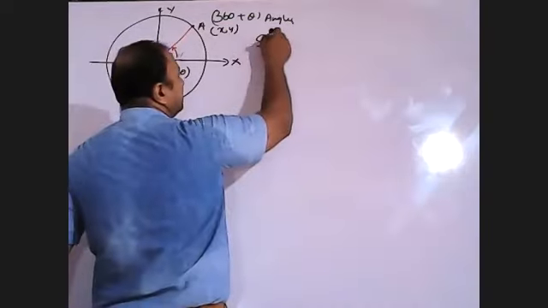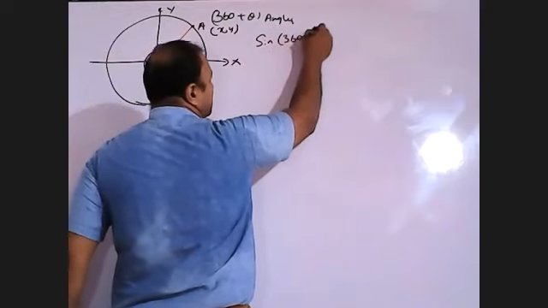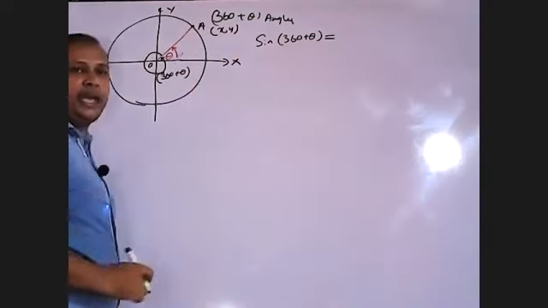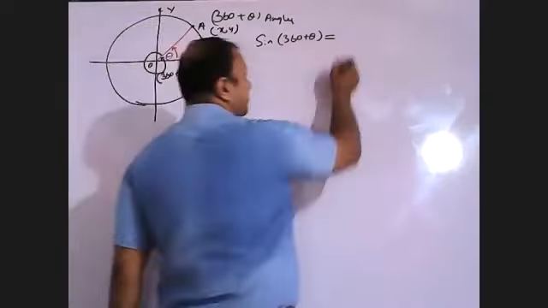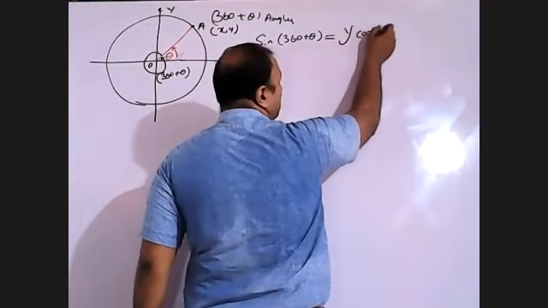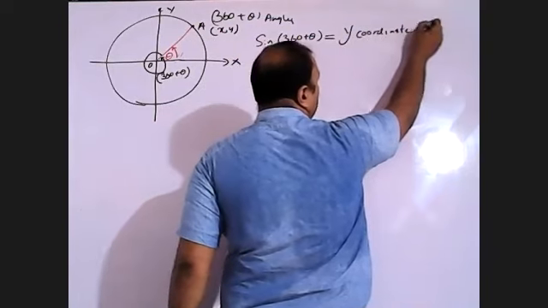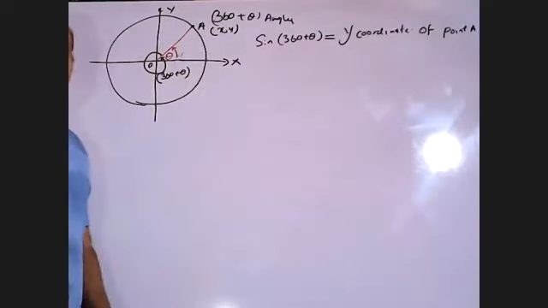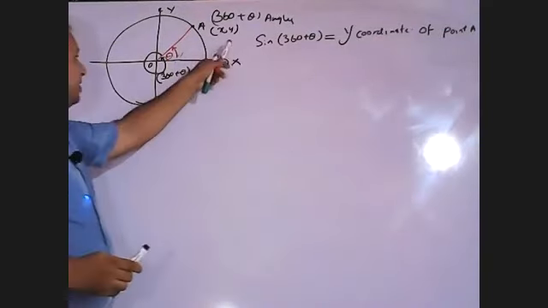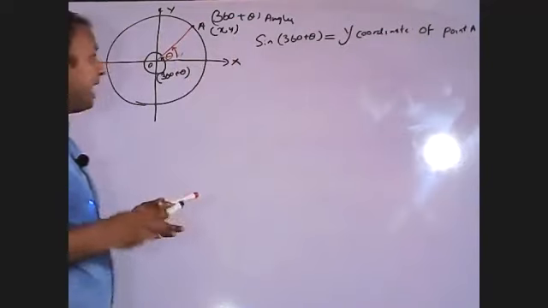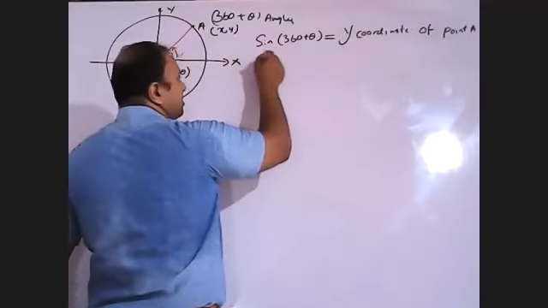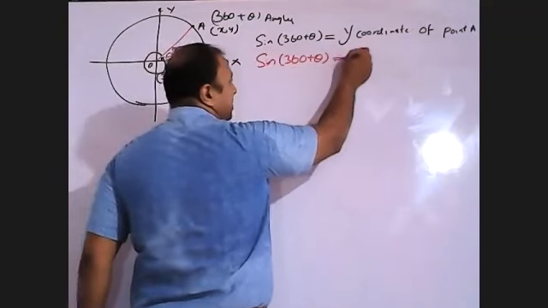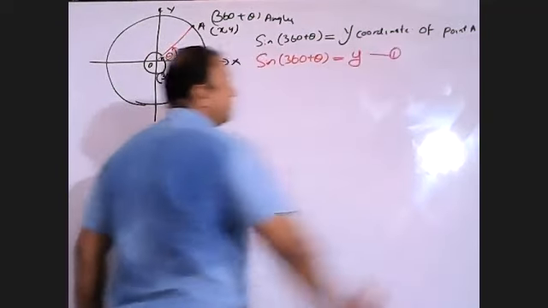Sine 360 plus theta is equal to the y coordinate of point A. The y coordinate of point A is equal to y. Therefore, I can write sine 360 plus theta is equal to y. Put it as 1.